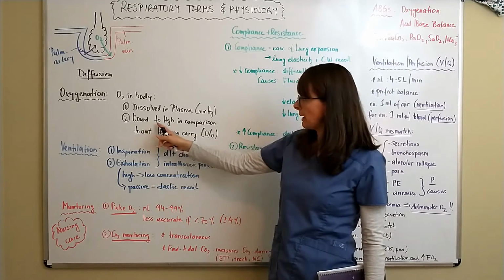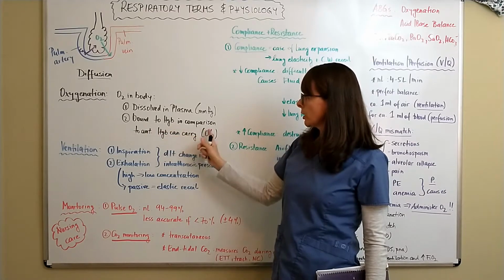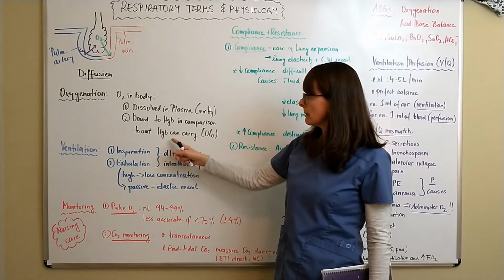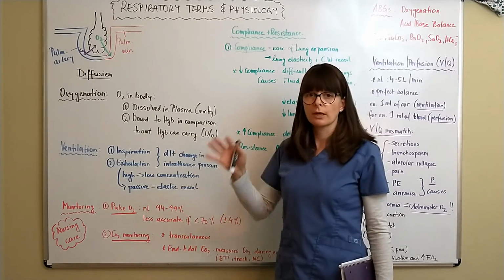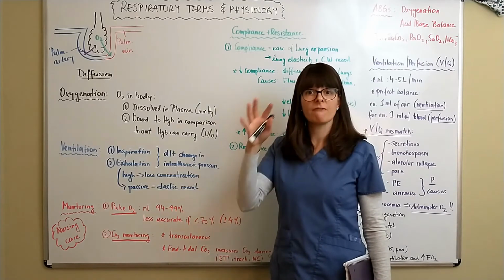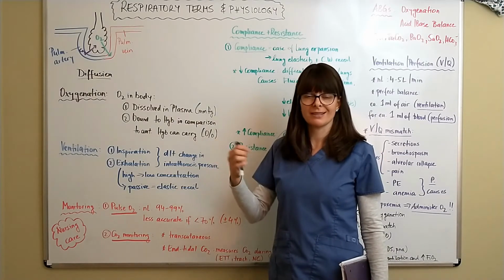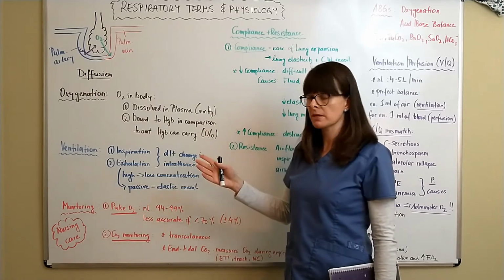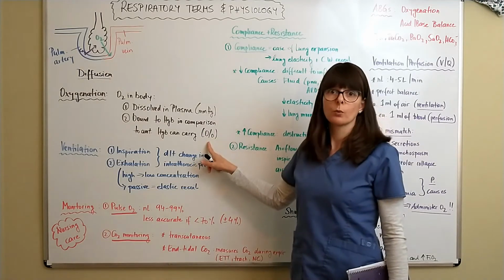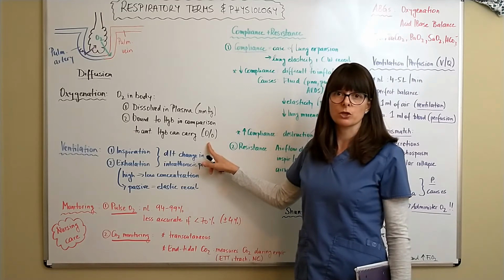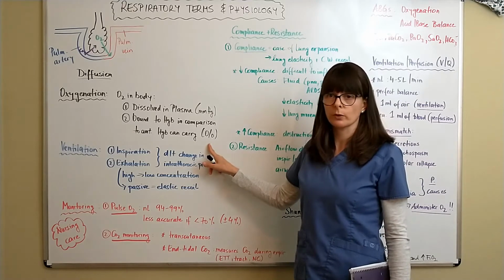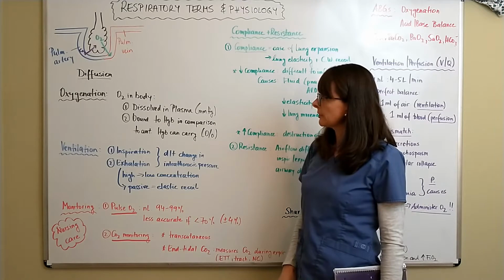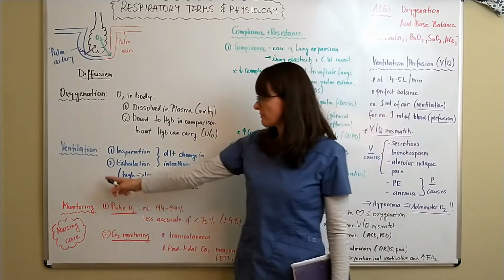The other part is bound to hemoglobin: the amount of total hemoglobin available, and how much of that is saturated with oxygen molecules, which can be expressed as a percentage. That is our oxygen saturation, or pulse oximetry, which we'll get to in a little bit. The other important term to know is ventilation.